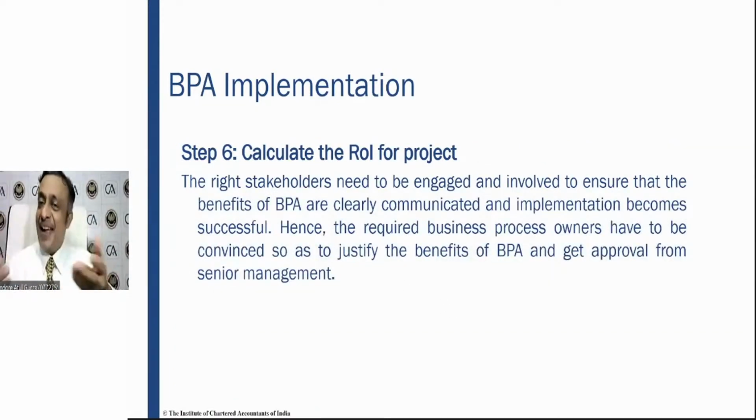ROI. In the example I have given, I am not very sure what the cost was. The benefit was in crores of rupees of turnover. The snack business has a good gross profit, 20 to 25% GP. They must have generated a turnover of, by my calculation, some 10 crores.